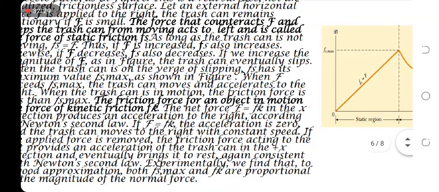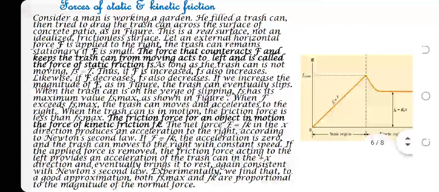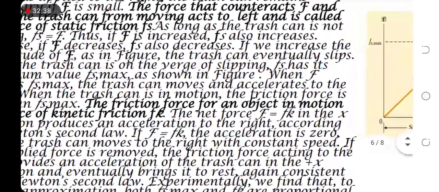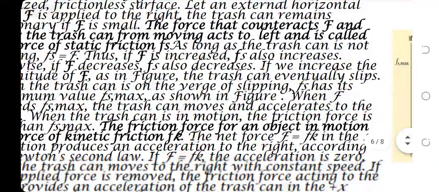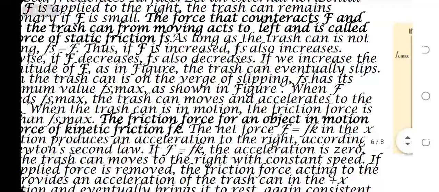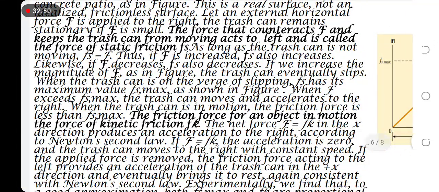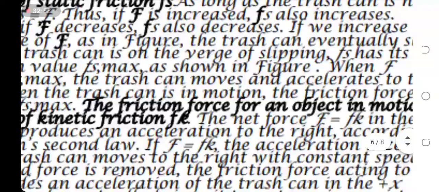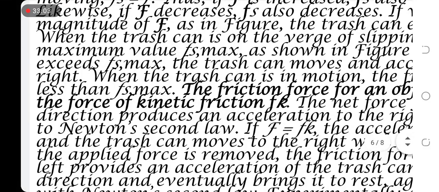When the trash can is on the verge of slipping, Fs has its maximum value. We can represent it as Fs maximum, as shown in the figure. But when force F exceeds Fs maximum, the trash can starts moving with an acceleration to the right.